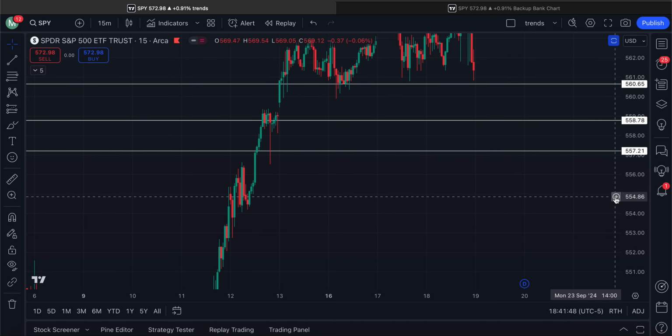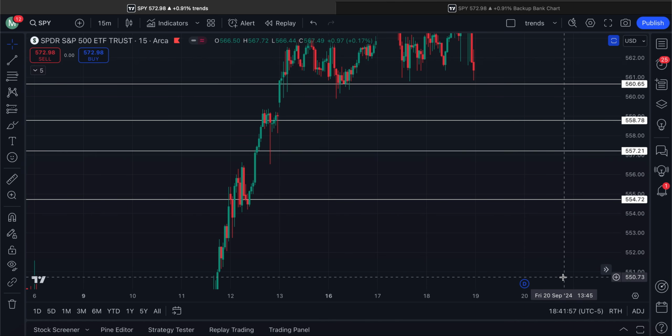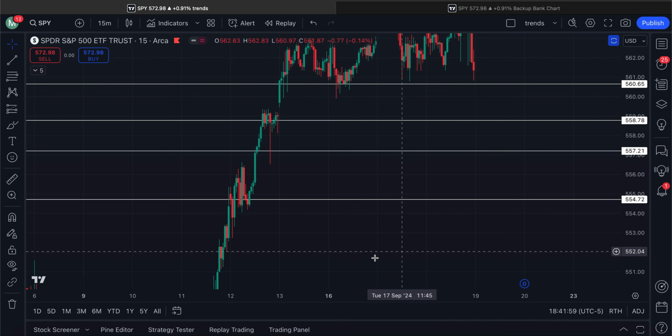Underneath 557.21, we get the downside till 554.72.